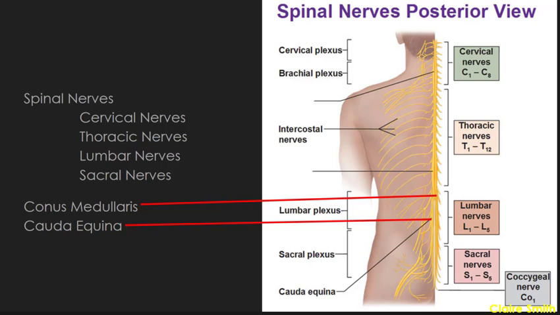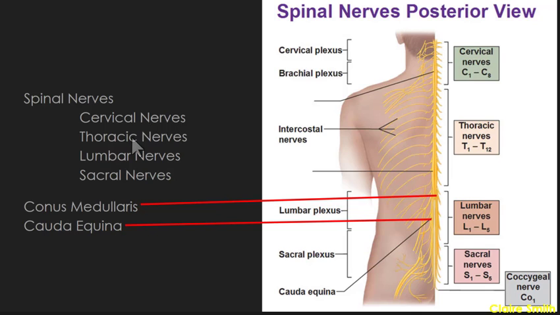All right, so the last thing we're talking about this week are the actual spinal nerves themselves. So we talked about the spinal cord, different features of that, and the spinal reflex arc. So now we're talking about the spinal nerves, or the little spaghettis here that are leaving the spinal cord. First of all, they can be named just based on where they're leaving the spinal cord. So we talked about the skeleton, we talked about the vertebrae.